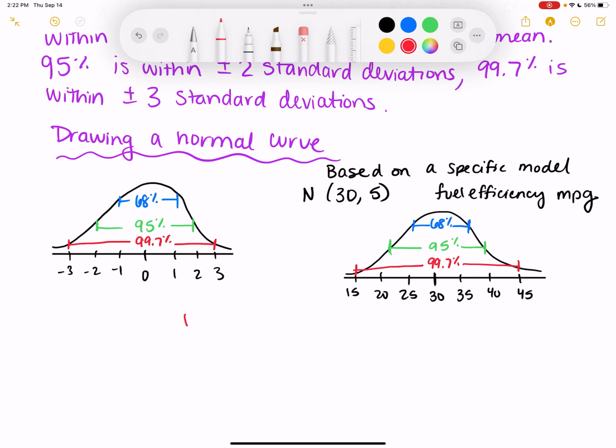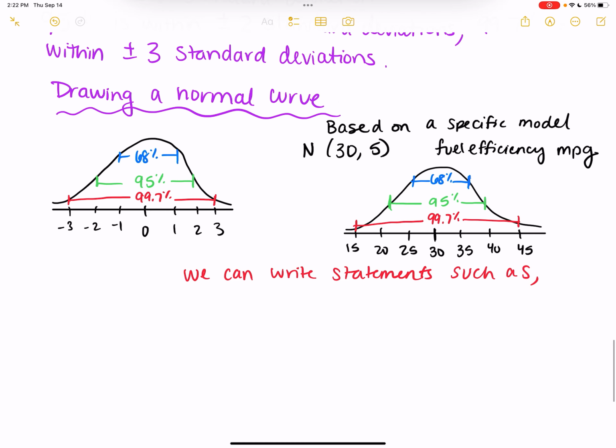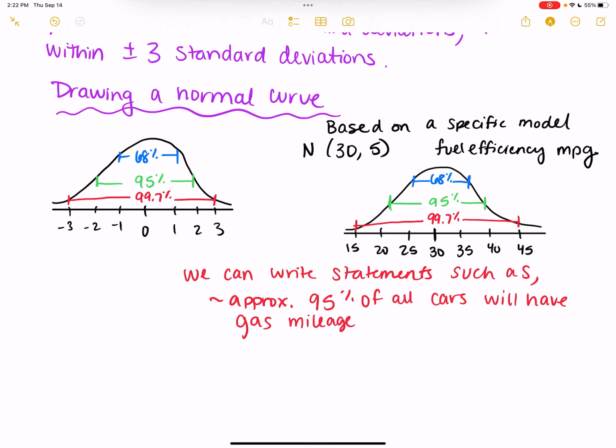So in words, we can write statements such as, for this specific example, approximately 95% of all cars will have gas mileage between 20 and 40 miles per gallon.